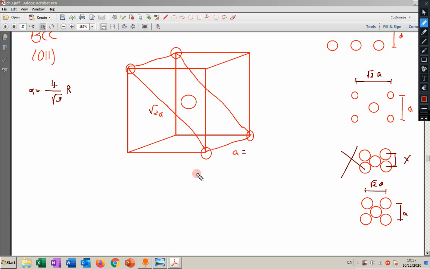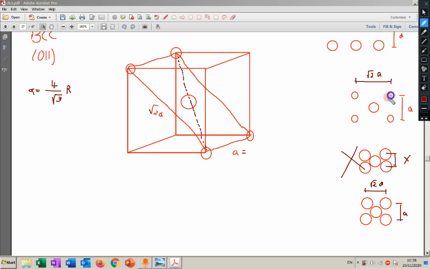Now, we will bring another piece of information that we know in BCC. The diagonal, which we call the space diagonal in BCC, is equal to 4r. If you remember, the space diagonal in BCC is 4r. What does it mean? It means that this atom with this one, they are touching each other.